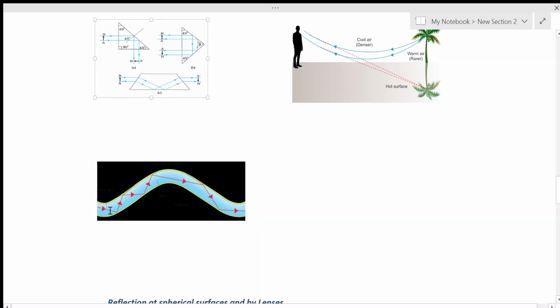The core is a denser material and the cladding is a relatively less dense, rarer material. So when light enters through the core, the denser material, it goes to the rarer material and reflects back. Multiple total internal reflections happen, and the light reaches the other end very quickly.